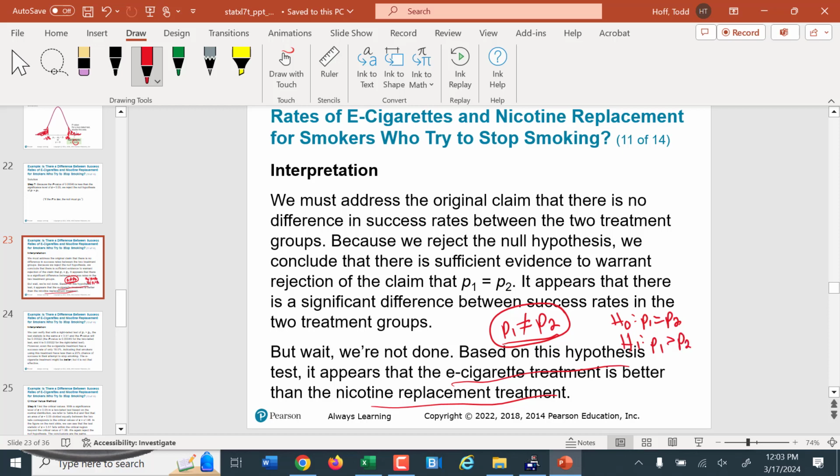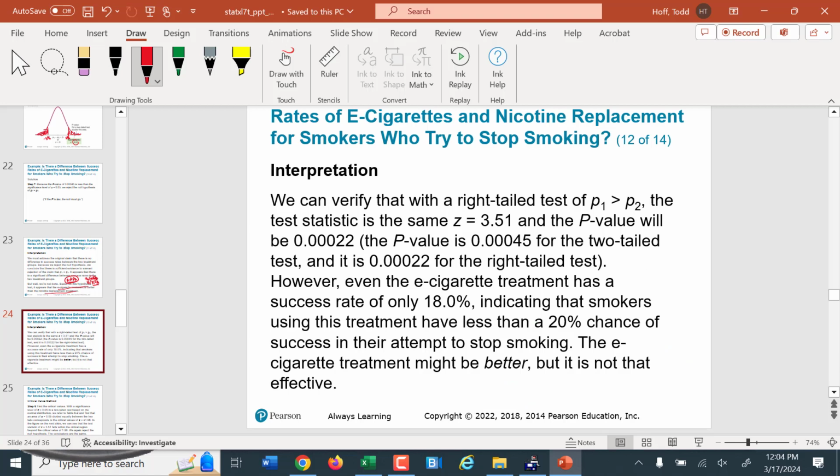And remember, what that means is this really is saying P1 is less than or equal to P2 under the null. Then we can conclude, if we reject the null hypothesis, that the e-cigarette treatment is better than the nicotine replacement treatment. So yes, to verify that that is the case, we would have to go back and redo this as a one-tailed test.